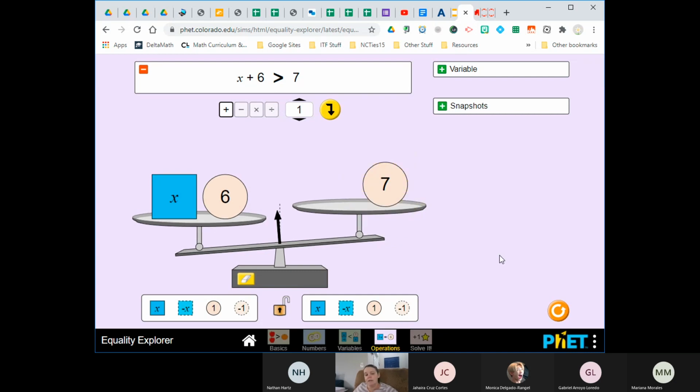What do you notice happened to my balance? Are the two sides equal right now? No, they're not. Why are they not balanced?